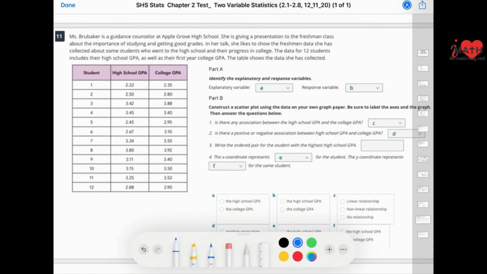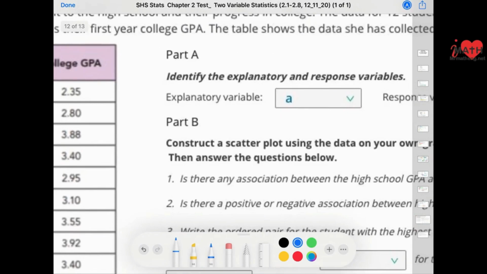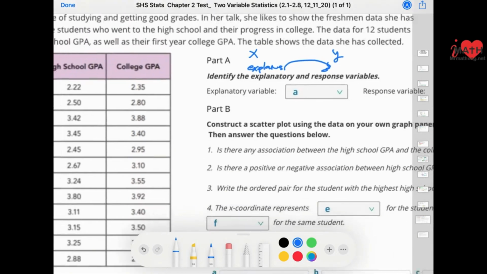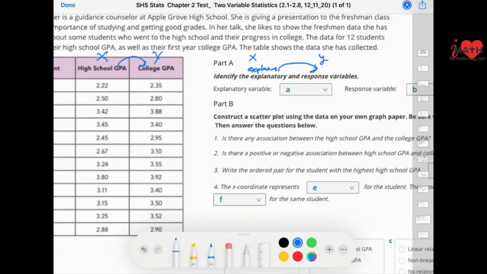Okay, what is the explanatory variable? The explanatory variable helps explain the response. Here, the high school GPA explains your college GPA.